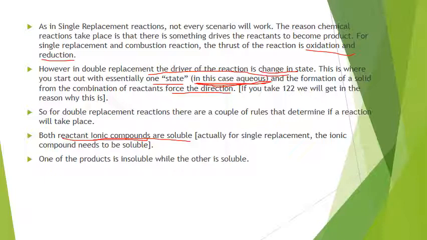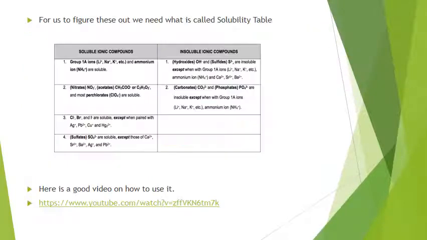Not all ionic compounds are equally soluble, and again, if you take 122, we'll get more into that. And really, the most important one here is that one of the products has to be insoluble. That means it comes out of solution, and you end up with a heterogeneous mixture.